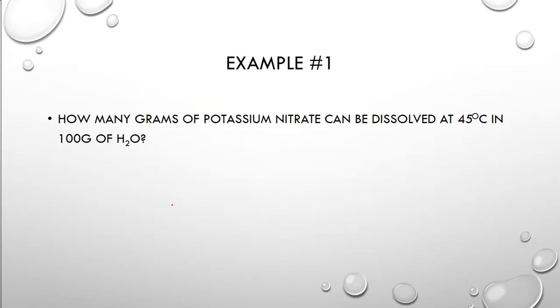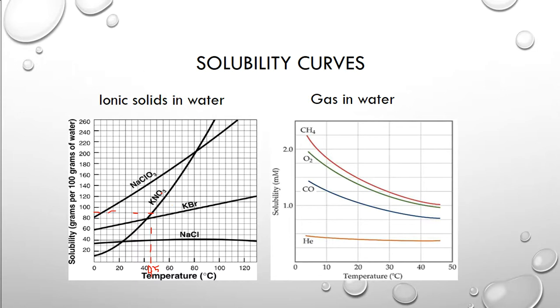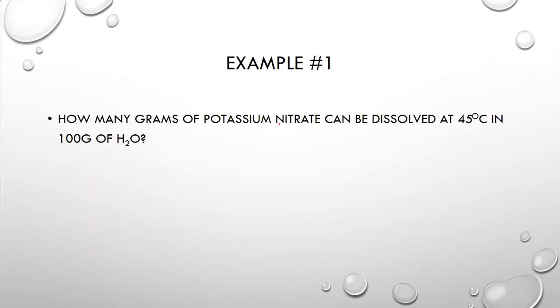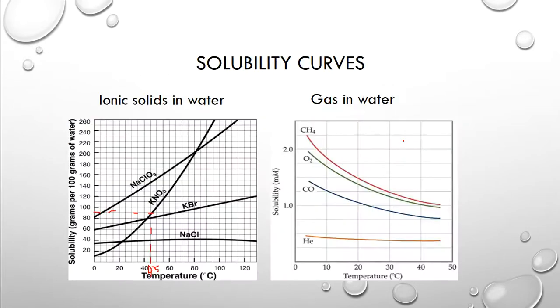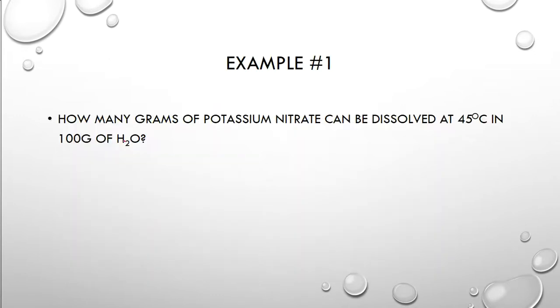So potassium nitrate, KNO3, is this line, and at 45 degrees, which was the temperature we were at, that would dissolve about 90 grams of potassium nitrate for every 100 grams of water.